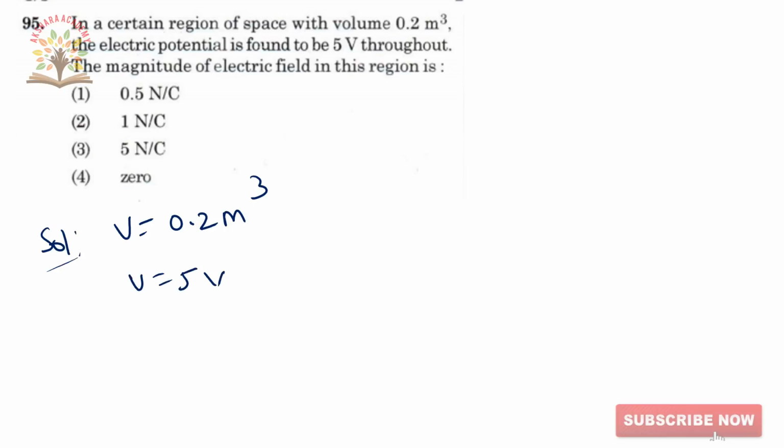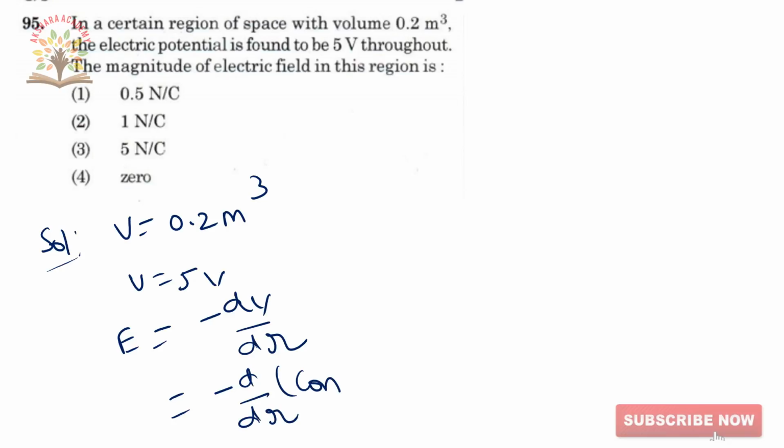Here this V represents volume and this V represents electrical potential, and E is equal to minus dV by dr, that is equal to minus d by dr of a constant, nothing but the derivative of a constant is equal to 0. So E is equal to 0. The magnitude of electric field in this region is equal to 0. Therefore E is equal to 0. The fourth option is correct.